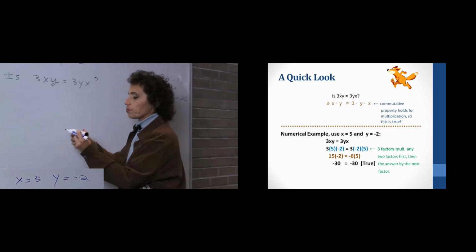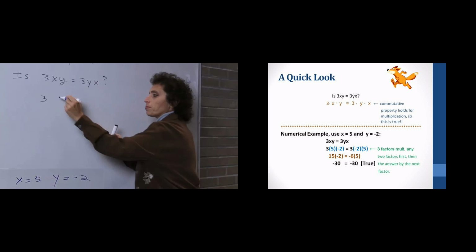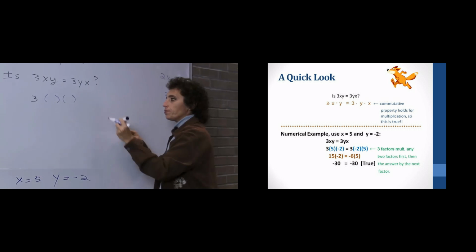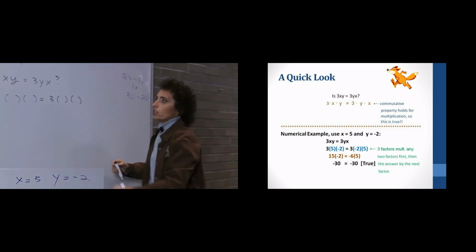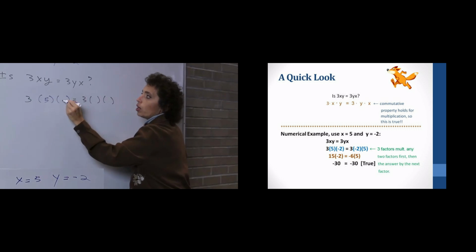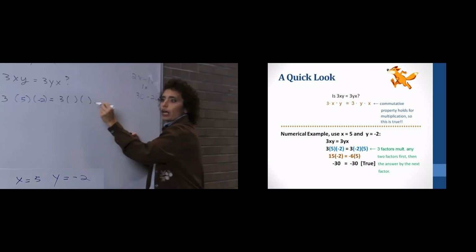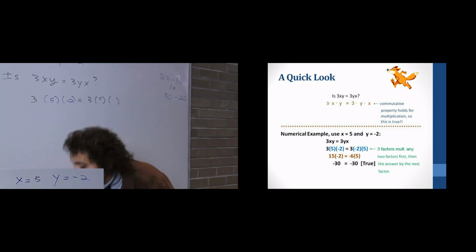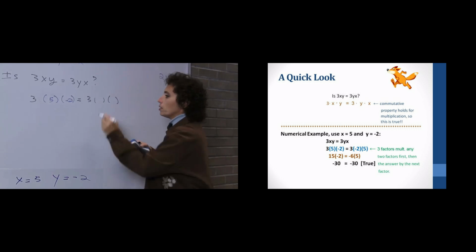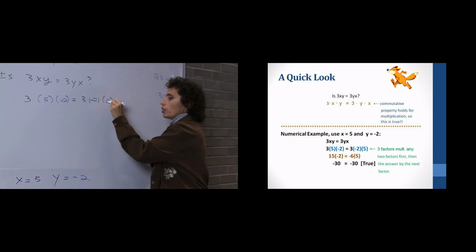So let's try that. So we have 3xy equals 3yx. So x is 5, y is negative 2, x is 5. Oh, that's y, sorry. So y is negative 2, x is 5.